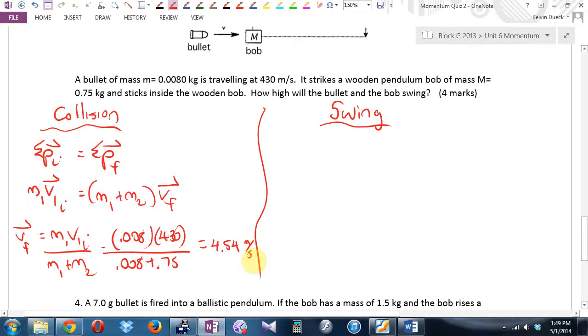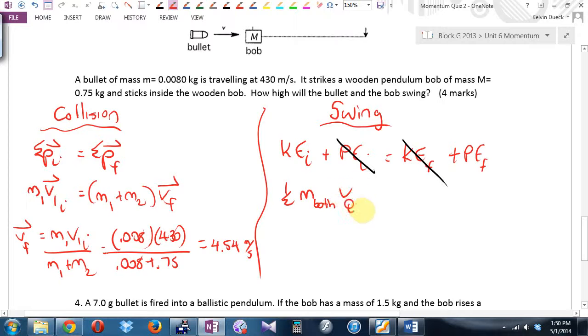Now let's swing up. Start on the ground, come to a stop. In fact, we've seen this a few times before now. A half m both, v initial squared equals m both, g h final.